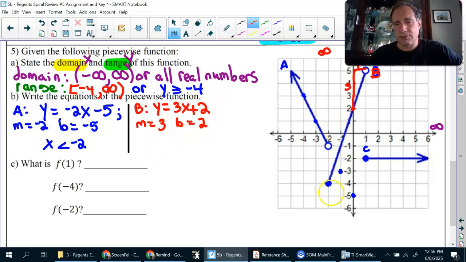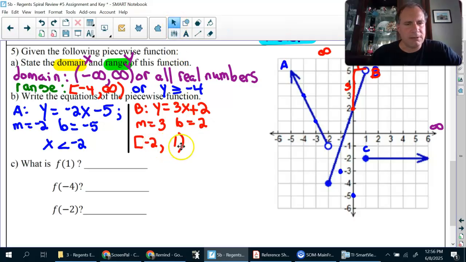And then let's see what the domain is. The domain starts at -2, and it's equal to -2. It ends at 1, but it's not equal to 1, so we're going to put a parenthesis. All right? Or you could write it as a compound inequality.